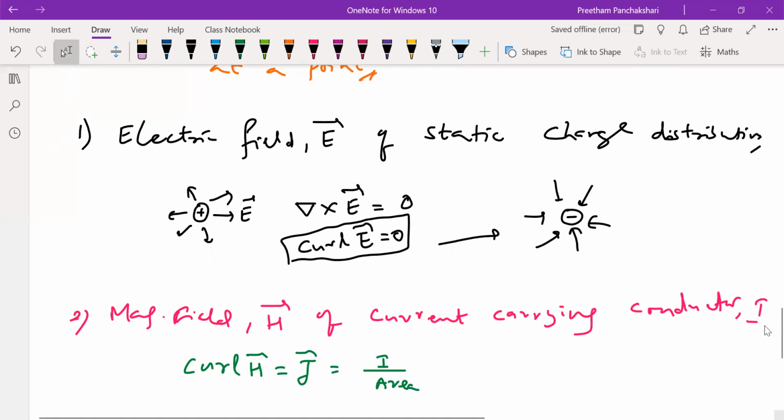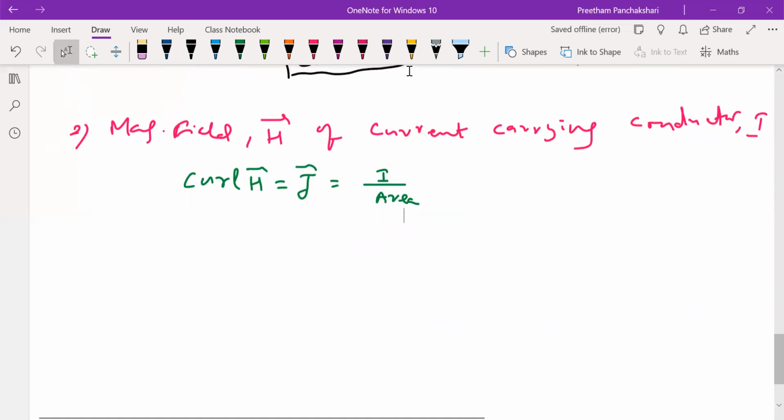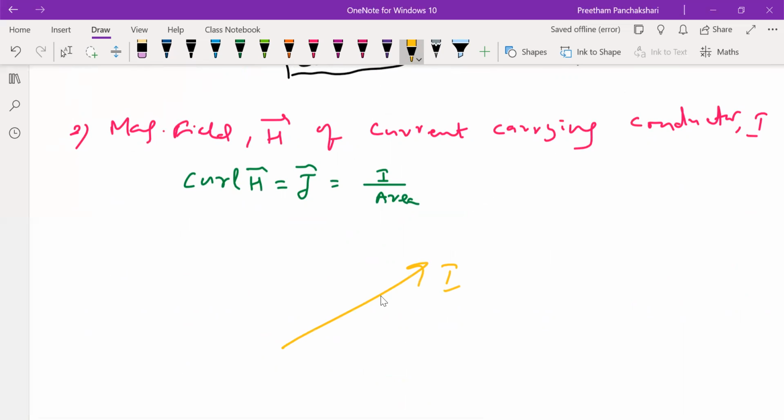So what does it mean? It means that if you choose a current carrying conductor, say I, and you want to measure magnetic field at a point here, say H, this magnetic field is rotational at that point. So we can also find the magnetic field in many applications revolving around this current carrying conductor.